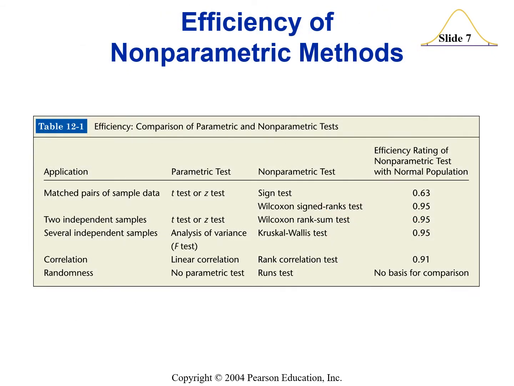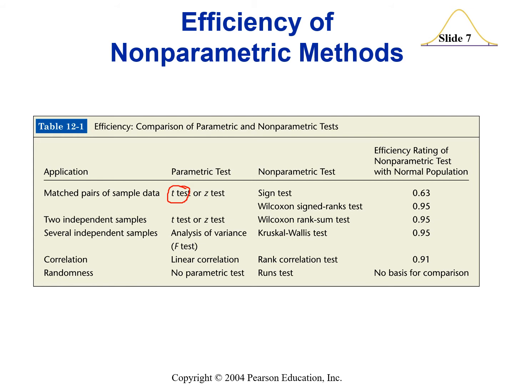Here is a table comparing parametric and non-parametric tests. For example, in the application of matched pairs or paired samples, in parametric testing we use the t-test for dependent or paired samples.